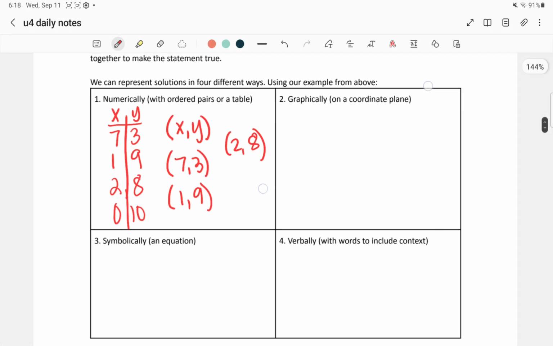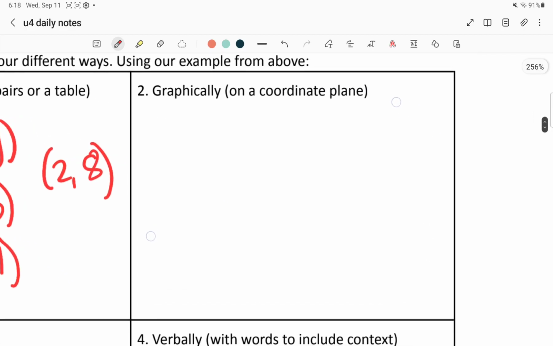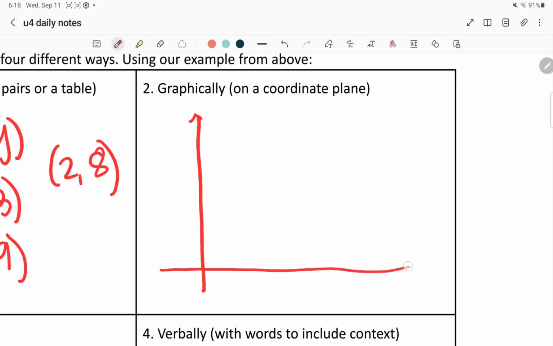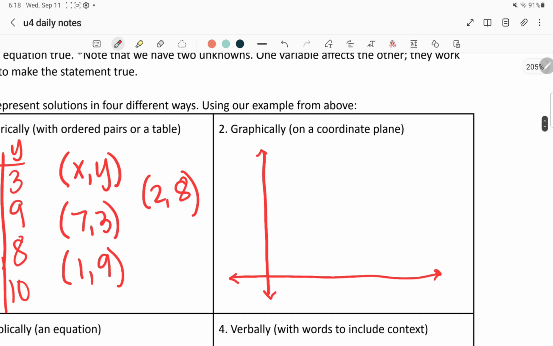The next way is graphically, or on our coordinate plane. So we have an x and a y. So that means I have an x-axis and a y-axis, which we're used to. And I've got my points that match, right?